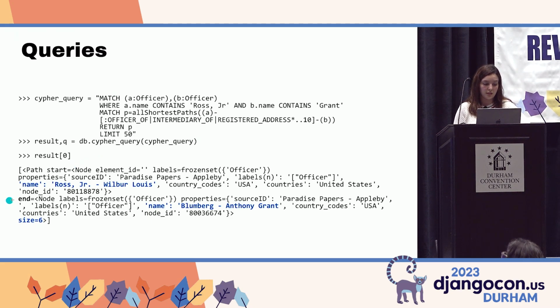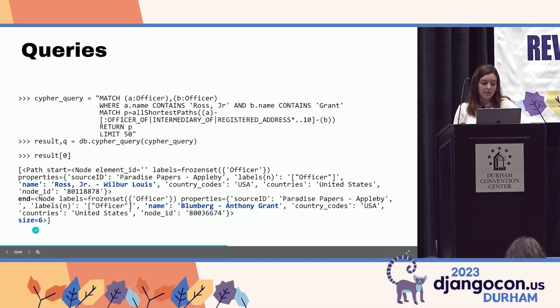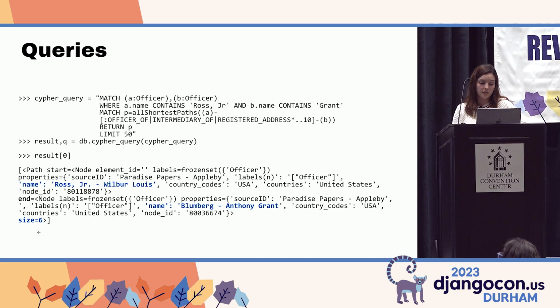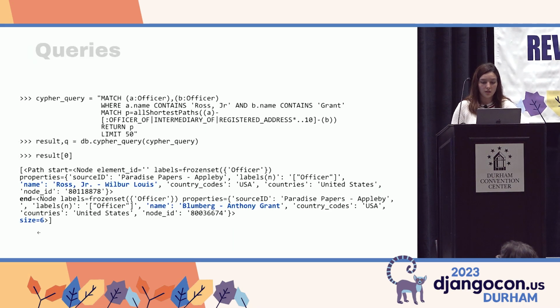It just brings us the first, the start node, in this case Ross Jr., and then the end node, which in this case is Blomberg Anthony Grant. And the size is the size of this path, in this example 6. So I think it's a work in progress, traversing the graph with neomodel.